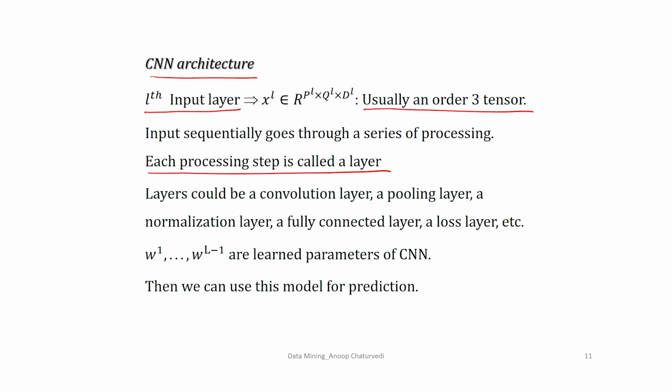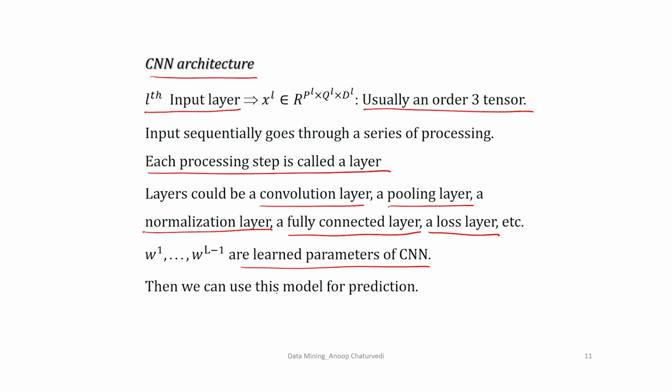Now, these different layers could be convolution layer or pooling layer or normalization layer, or it may be a fully connected layer, just like the multi-layer perceptron, or it may be a loss layer, etc. Now, suppose W1, W2, so on WL minus 1, these are the learned parameters of CNN corresponding to different layers.